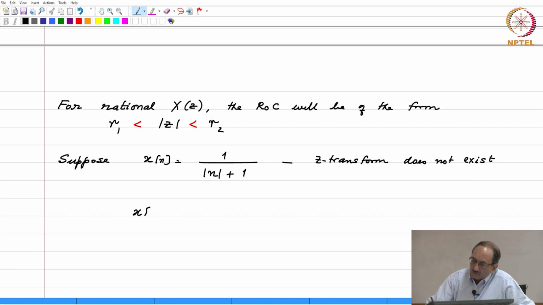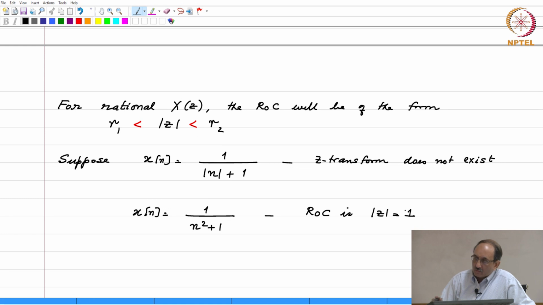And suppose you had a sequence like this, 1 over n squared plus 1. The ROC is mod z equal to 1. So, this exists only on the unit circle.